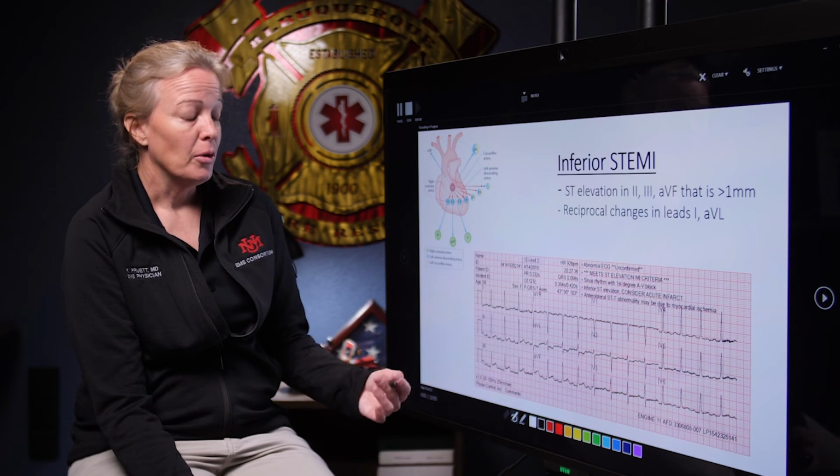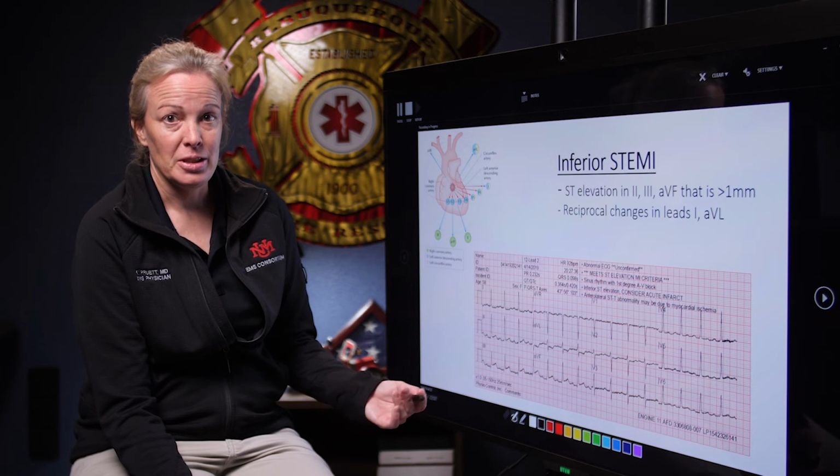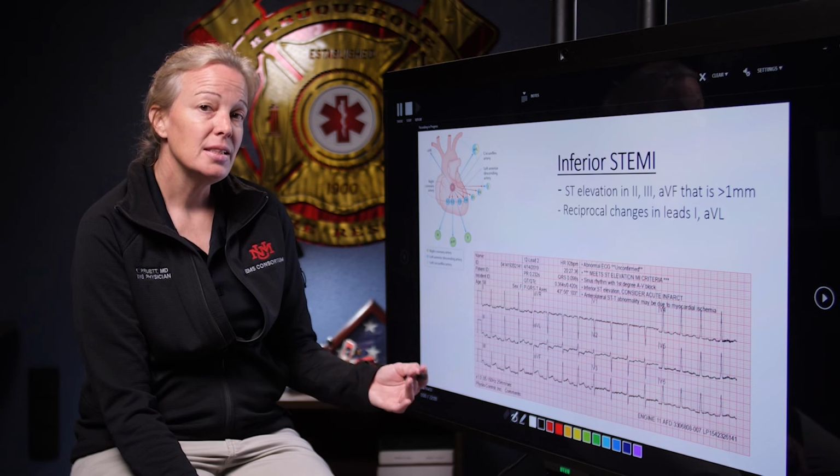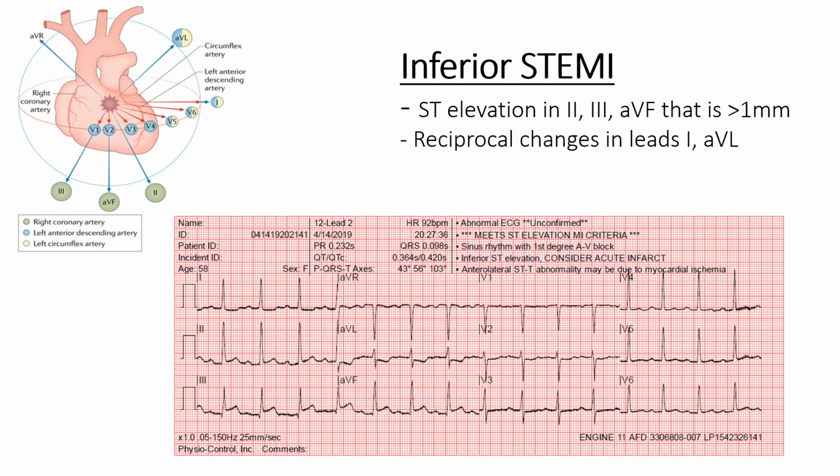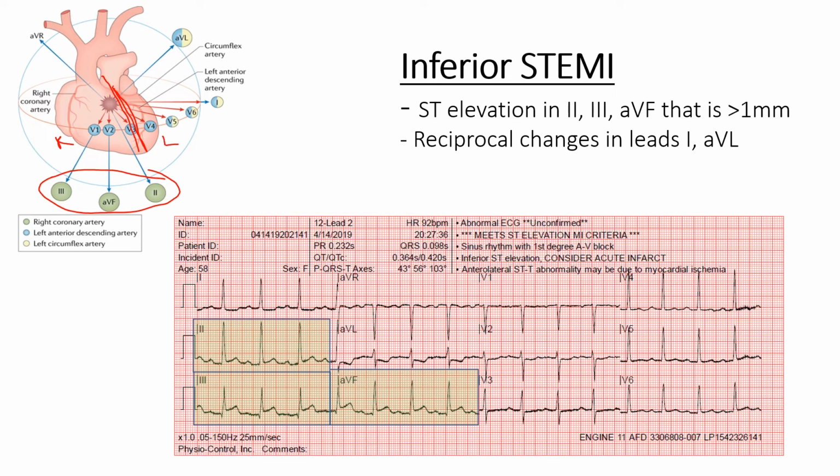And again, what we're looking at is vascular territories here. So when you start to think about ST segments, this is where I look at the 12 lead and those vascular territories that we talked about first. And so what we notice here, 2, 3, and AVF are our inferior leads, and they're looking at this right side of the heart. Right here, here's your left anterior descending that kind of divides right and left.